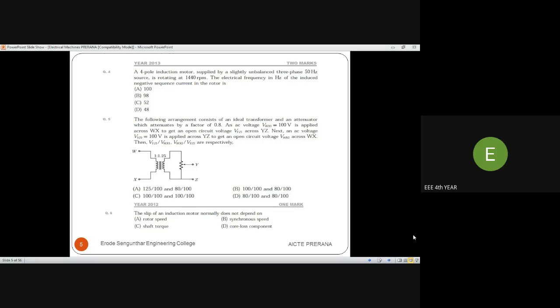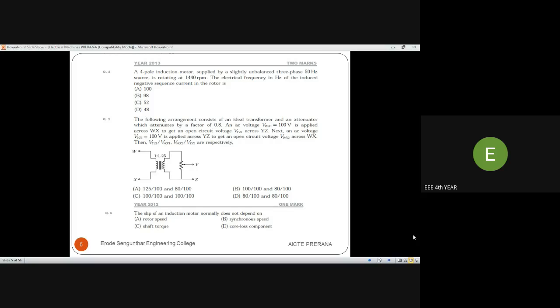That is the formula for slip of an induction motor, where Ns is the synchronous speed, N is the rotor speed, divided by Ns. There are four options: rotor speed, synchronous speed, shaft torque, and D core loss component. The question is, the slip of an induction motor normally does not depend on.